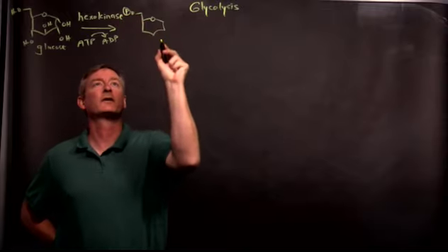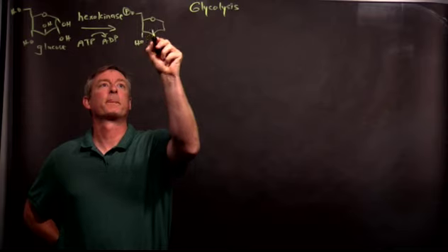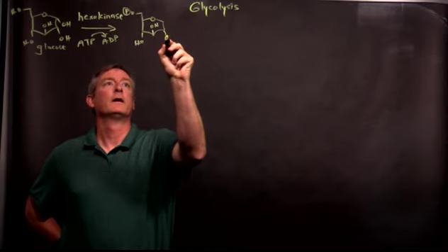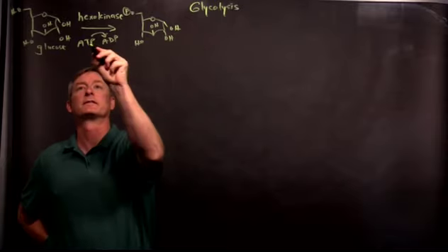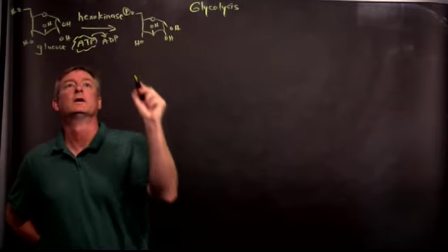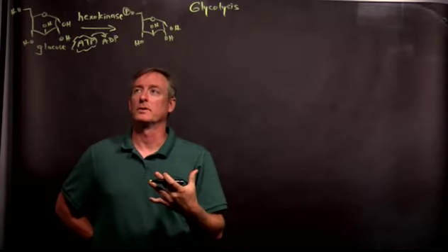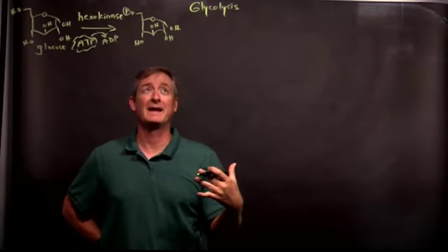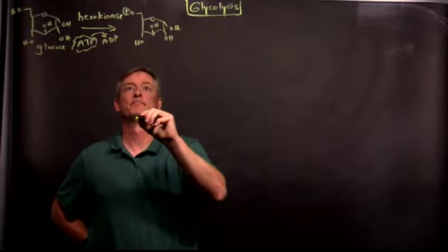Now I'm not going to write out all the phosphates, I just put a P with a circle on them, right? And this reaction costs us an ATP. So when we think about accounting, how much energy are we using, how much energy is getting paid back through this process of glycolysis, we got to keep that in mind.